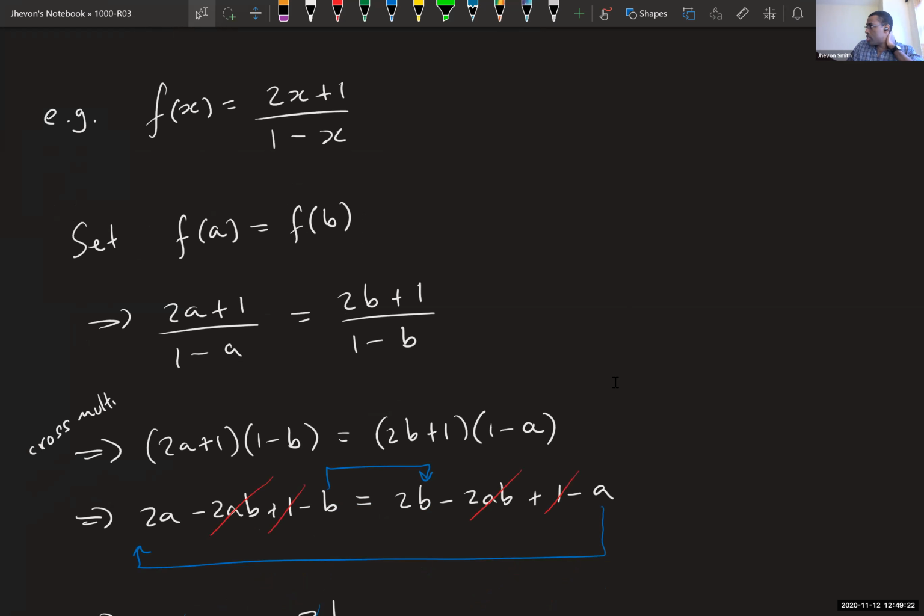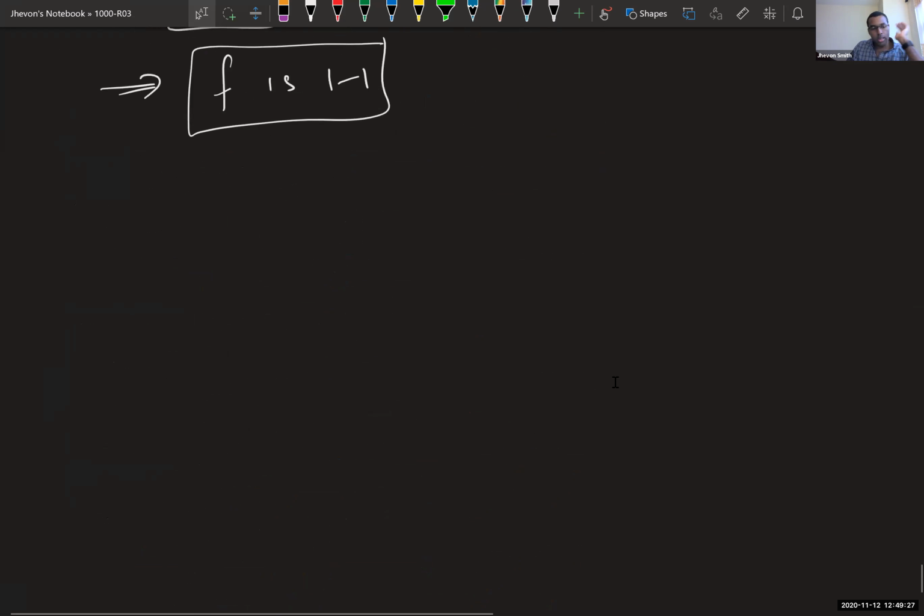In terms of onto, it just means that the entire range is equal to the codomain.